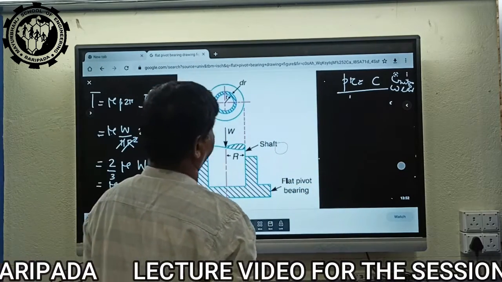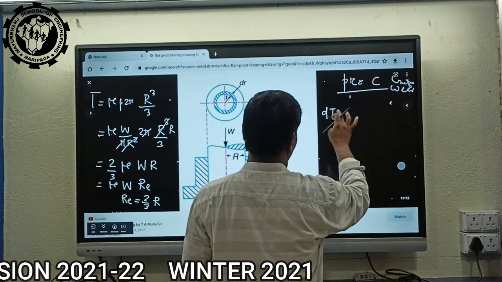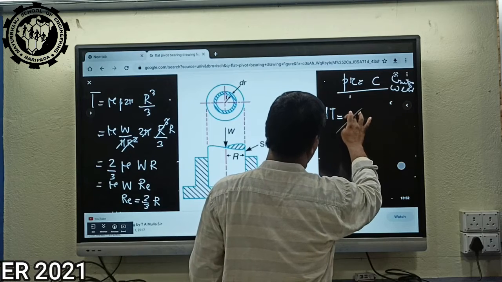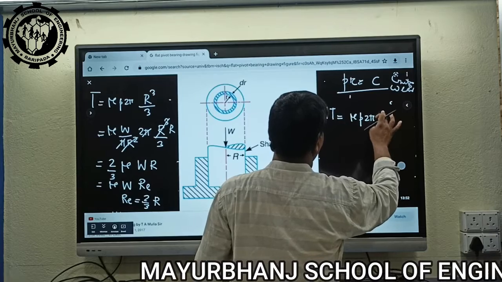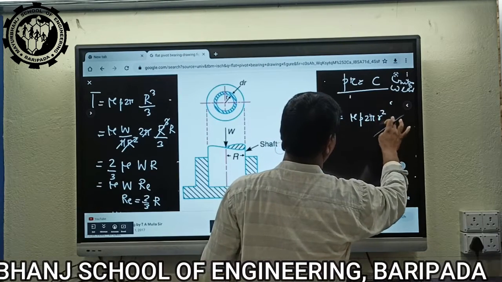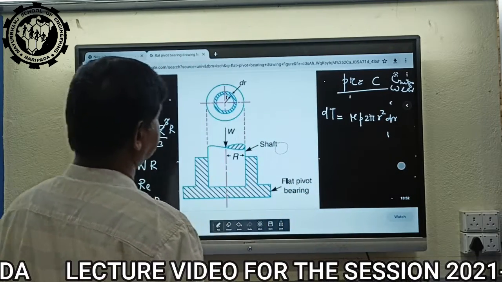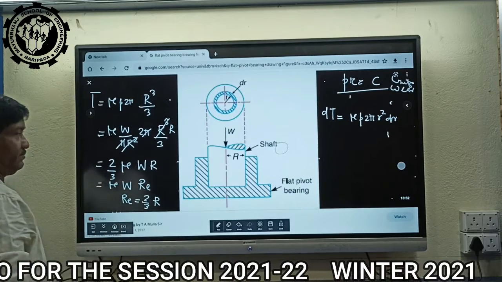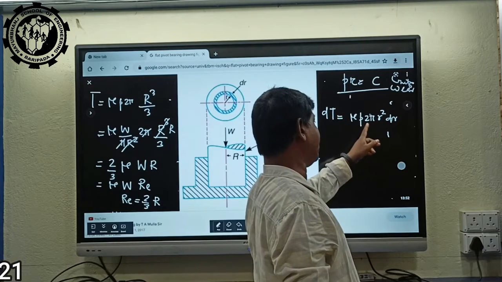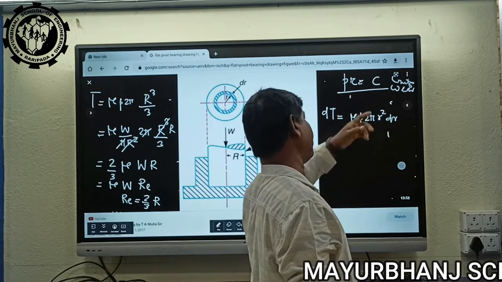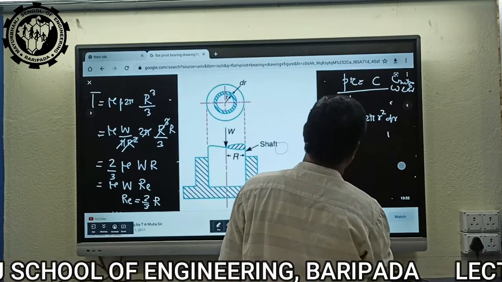So the torque dT value is the same as the first one: mu P 2 pi R square dr. The dT value is the same, the formula is the same, and the limit is also the same, but here P is variable, R is also variable, but the product of P R is constant. That is where it is different.